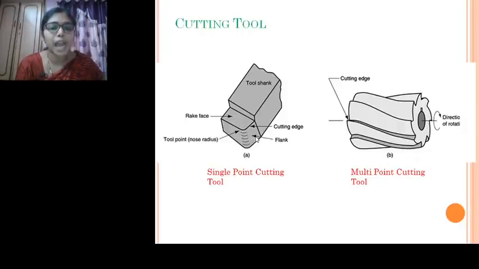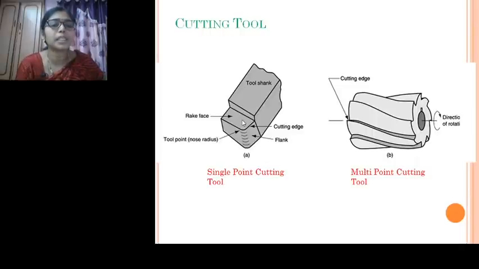Whereas the flank is the part which supports the cutting edge at the bottom, which lies below the cutting edge. And the tool shank is the one which supports the cutting edge, this part. Now if you take the whole cutting tool, this part is important for the material removal process.